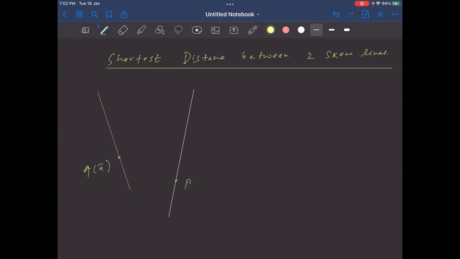This is point A, this is along vector C, and this is along vector D. First line is r equal to A plus lambda C. The scalar triple product of B minus A, vector C, vector D is not coming 0. It means the lines are skew. Can I say that? It's given that. Clear? So the lines are skew.